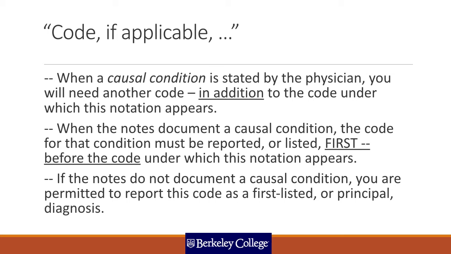And if the notes do not document a causal condition, you are permitted to report this code as a first listed or principal diagnosis. For further information on these instructional notes, please see the ICD-10-CM Official Conventions section in your ICD-10-CM codebook.